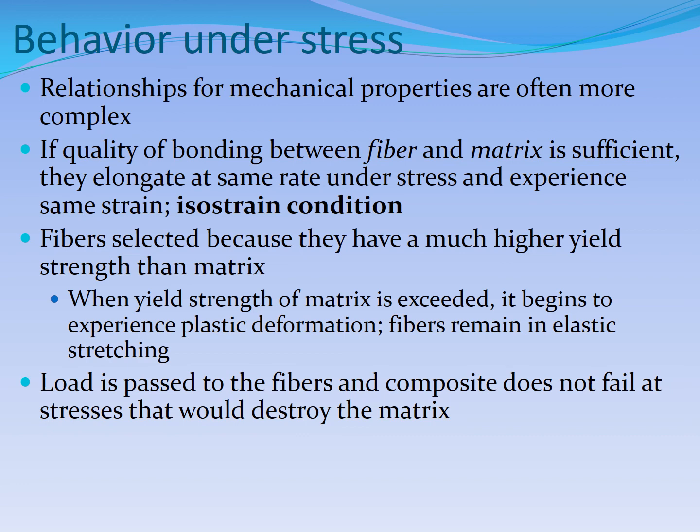So if the fiber stretches, then the matrix material also stretches at the same rate. So if that wet out is very good, the bonding between the fiber and the base material is very good, then the whole composite is behaving as a single material.